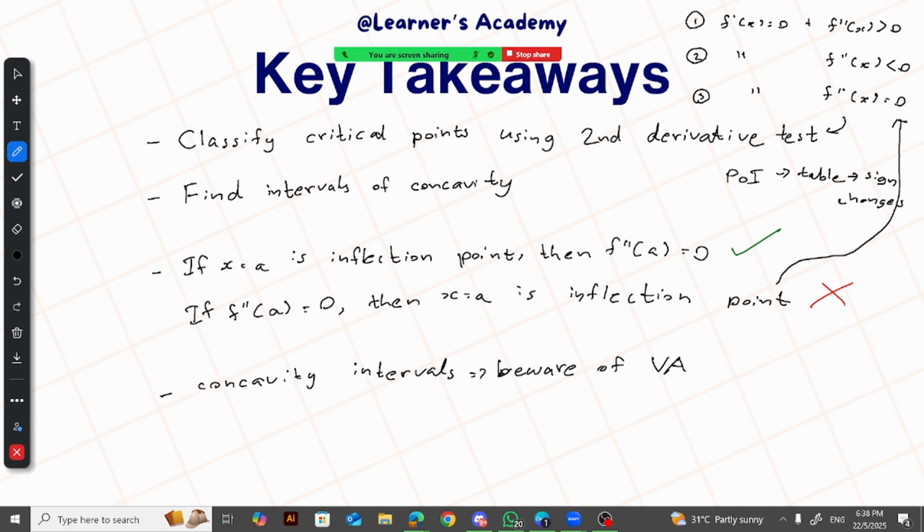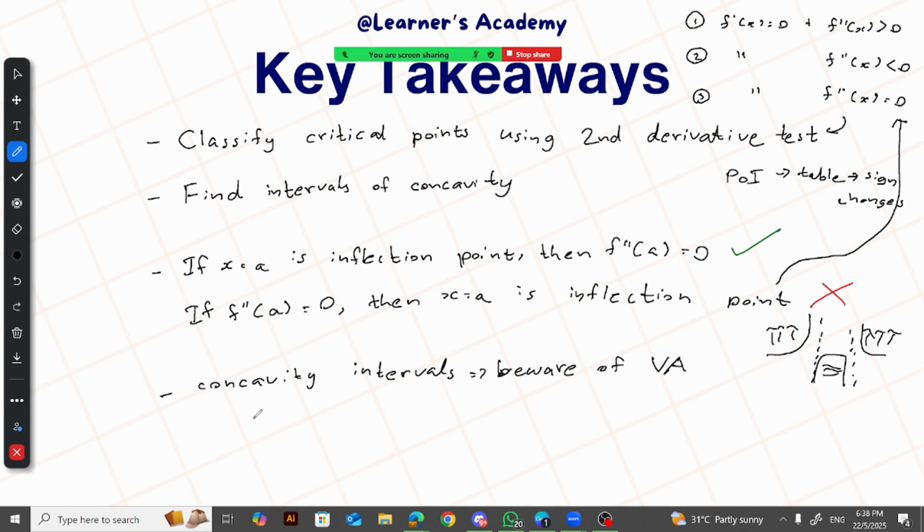Because, say for example, with rational functions, if it's something like this, these are vertical asymptotes. Alright? So this is concave up, and then this part is concave down, then this part is concave up.